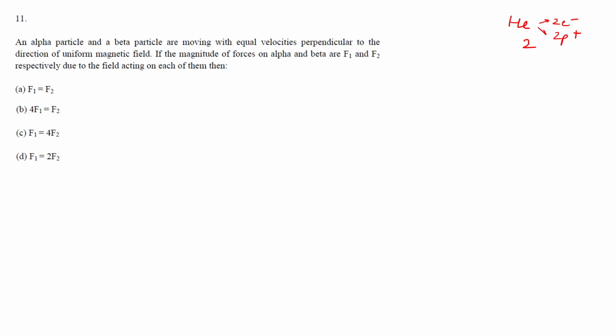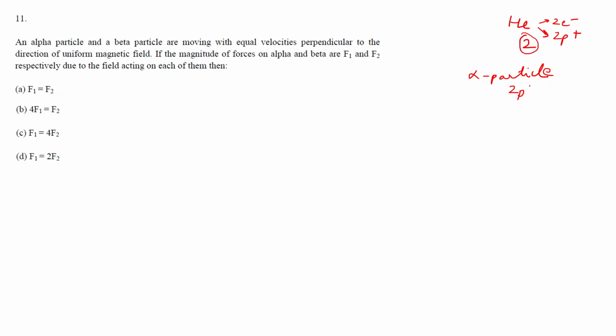But when we say alpha particle, that is actually a helium atom from which we have removed these 2 electrons. A helium atom becomes an alpha particle when these 2 electrons have been removed. A helium atom is neutral because it has the same number of electrons and protons, but when we remove these 2 electrons, the charge on the alpha particle is only because of these 2 protons.